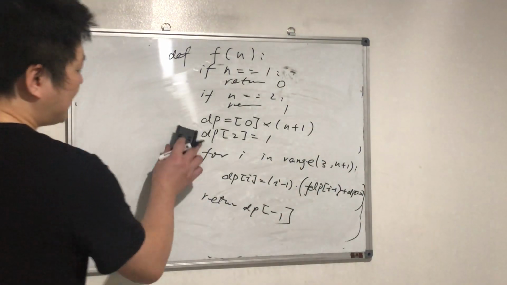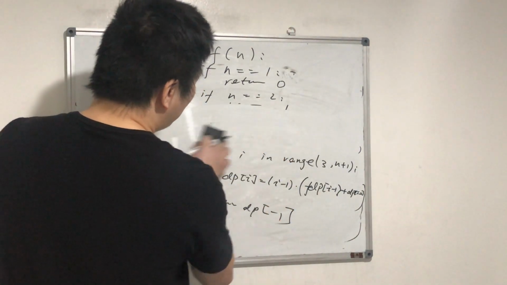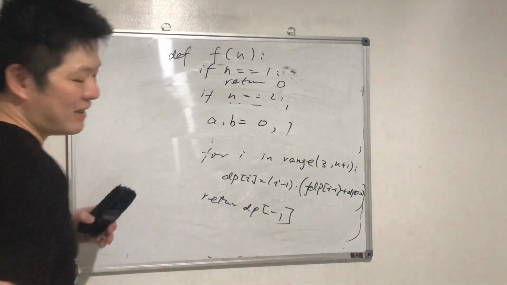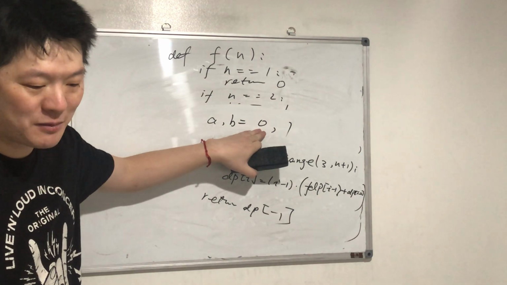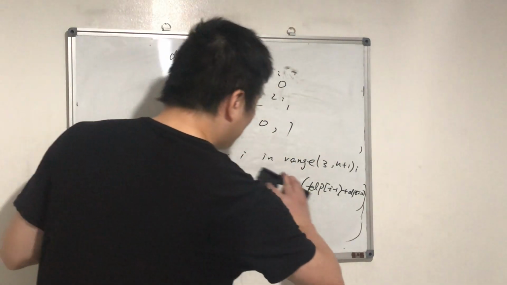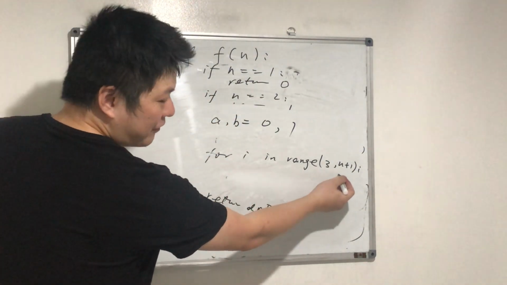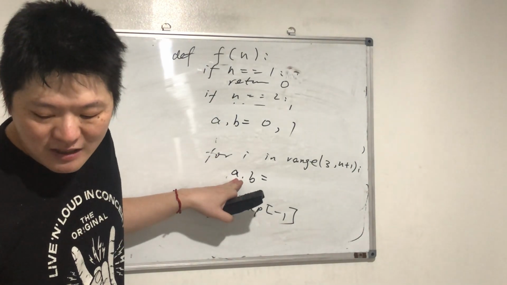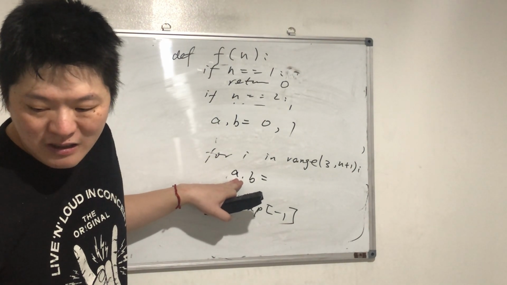Okay, so this is simple. Let's say a, b equals 0, 1, because we know the first item is 0 and the second item is 1. Now for i from 3 to n, what's the new a?